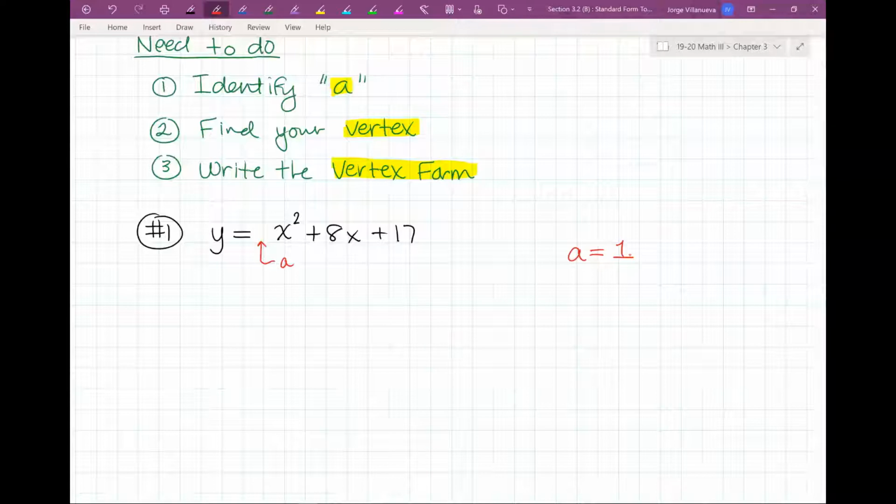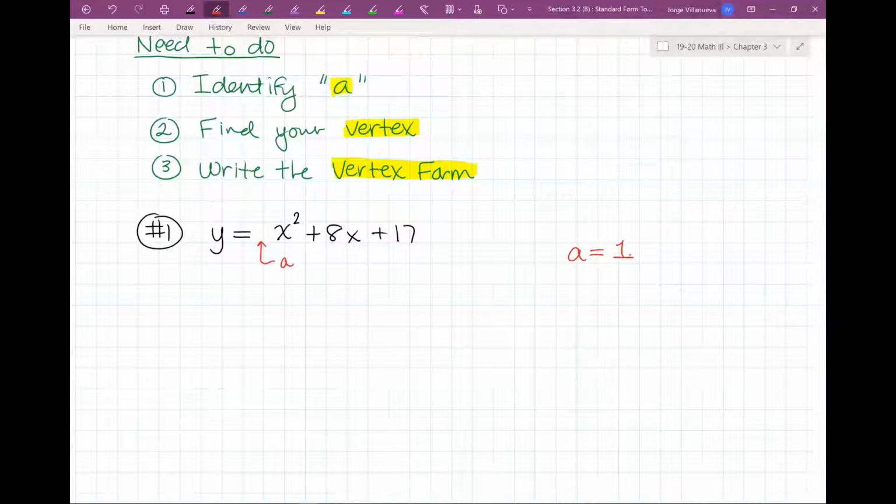What's your A value? Half. What about 3? 2. What about 4? 3. What about 5? -2. What about 6? -1. Easy, right? Finding A is simple. Just look at the number in front of the x squared term. Okay? There you go. That's easy.